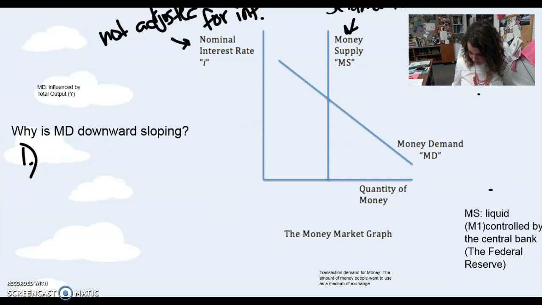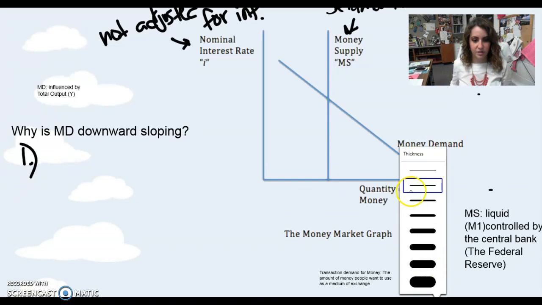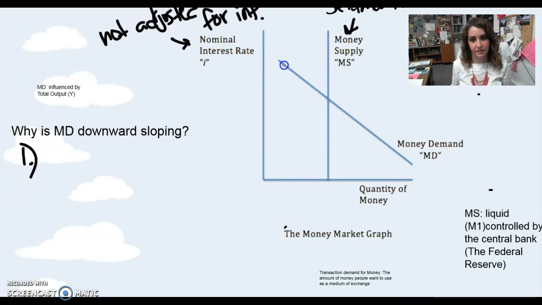Well, basically, what does a downward sloping line mean? It is saying that there is a negative relationship between the y-axis and the x-axis. So, like, let's say the interest rates go from here to here. Interest rates fall, let's say. The nominal interest rate falls.